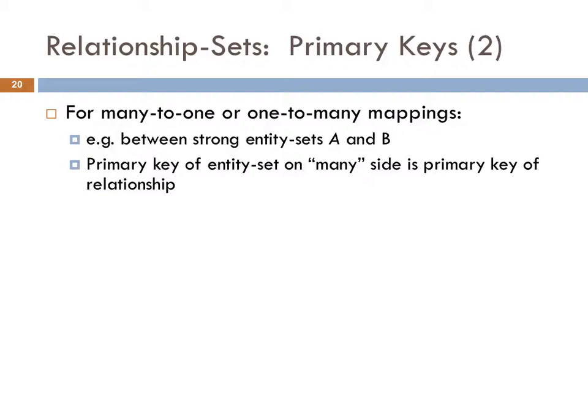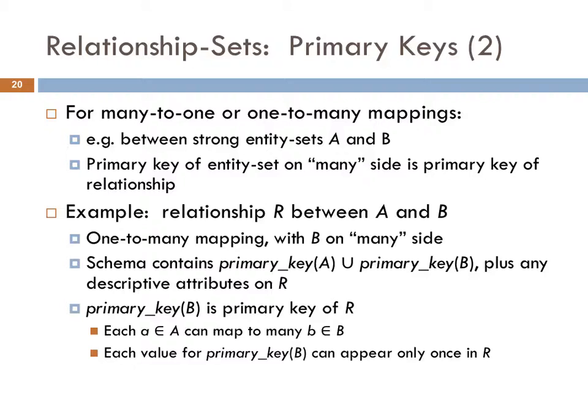If it's many to one, then we have to do our little thinking thing and try to figure out what makes sense. Well, remember that many to one means that each thing on the many side can go to one thing on the one side. So the things on the many side are the values whose primary key value can only appear once. So again, the many side is part of the primary key.